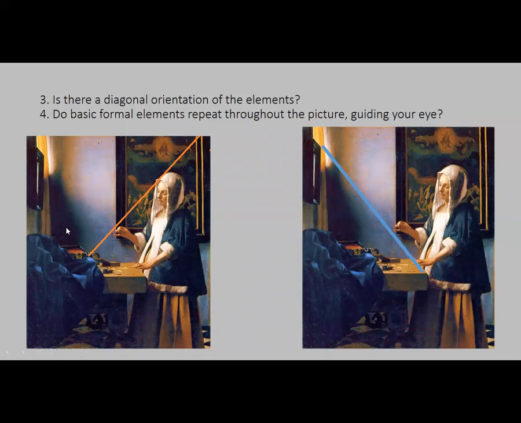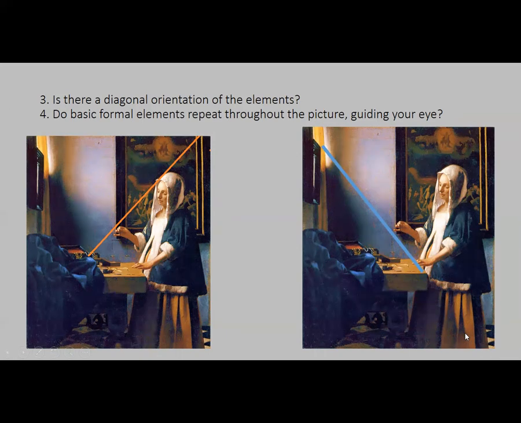That's a diagonal orientation. Sometimes it's right to left, sometimes it's left to right, and sometimes it's both. So in this one, it's both. So we have the edge of the picture frame, and we angle down, we touch her hand, we angle down, we touch her other hand, we touch the hem of her skirt, and if I kept going, I'd touch the bottom of her skirt.